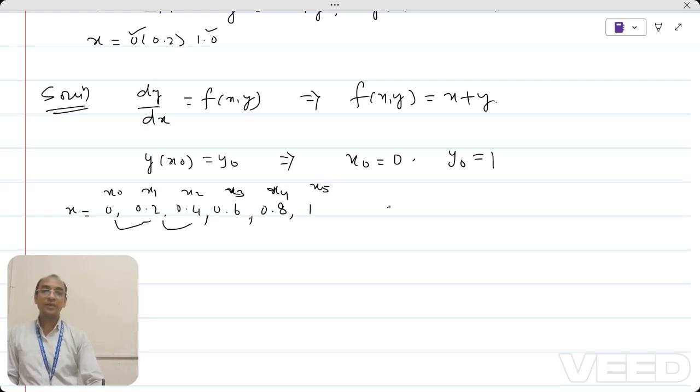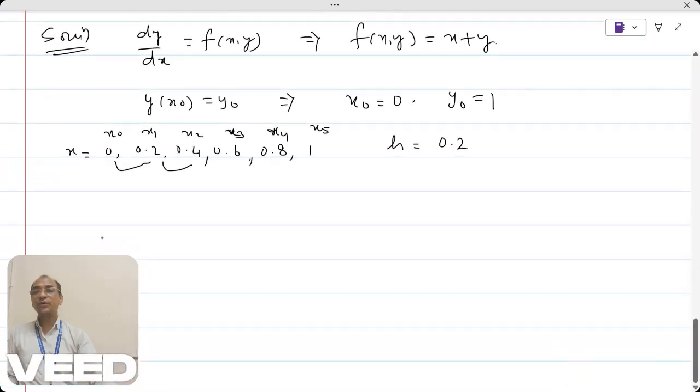And here what is my h? h is the difference between two consecutive x values, so that is nothing but 0.2. Now straightforward you can go for the Euler algorithm.